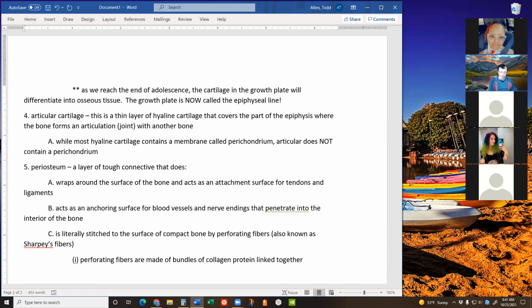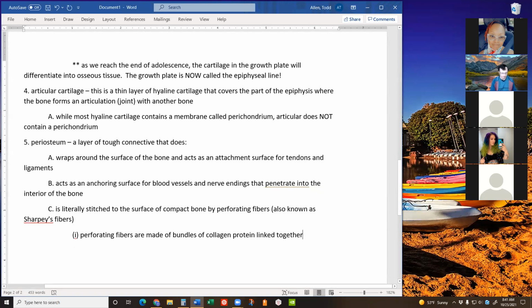Okay, let's continue. We're almost done looking at figure 6.1. If you want to page back to figure 6.1, that might be useful for you. The next structure that I'm going to put into your notes is the medullary, or also known as bone marrow cavity.